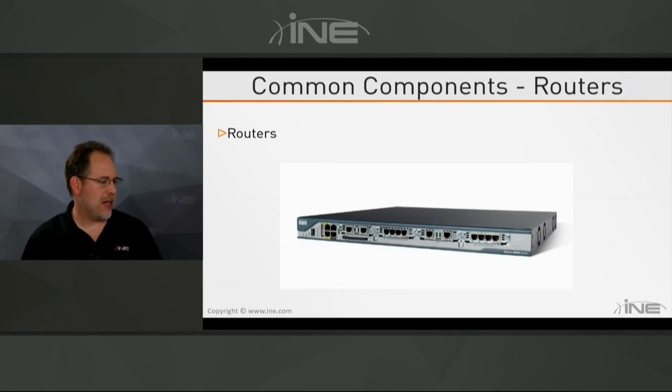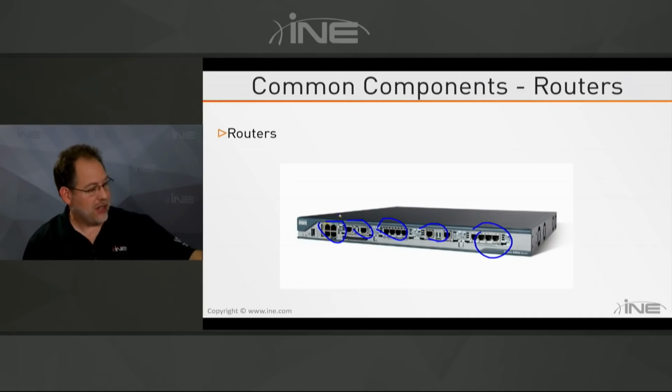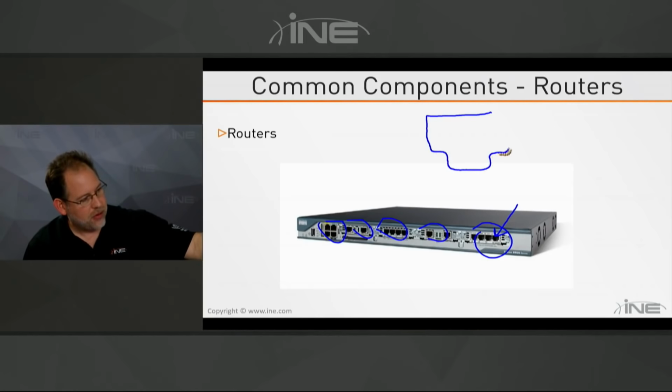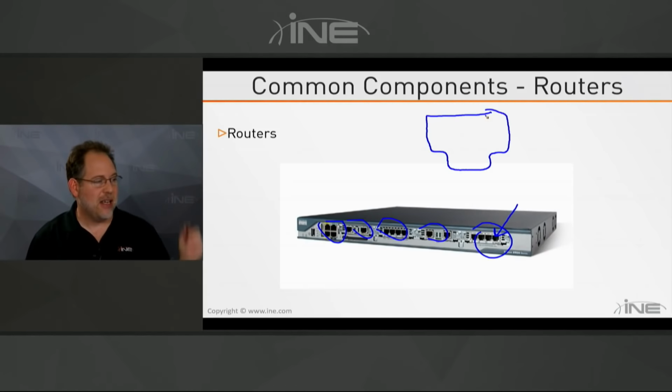Now, this particular router right here, you can't really tell. It looks like all these interfaces are RJ45 jacks, and they very well could be. But RJ45 isn't just used for Ethernet. Just because a jack looks like this, I'll draw it a little bit, just because that's the exterior of a jack does not necessarily mean that that is only going to be used for Ethernet networking.